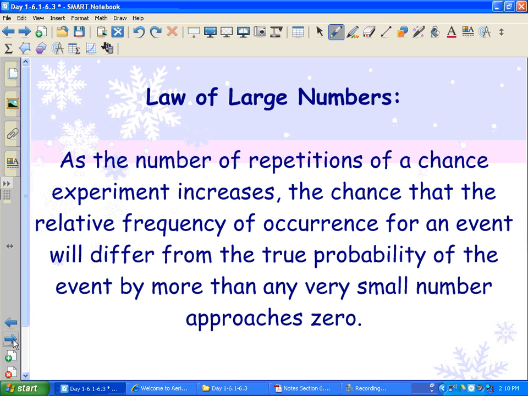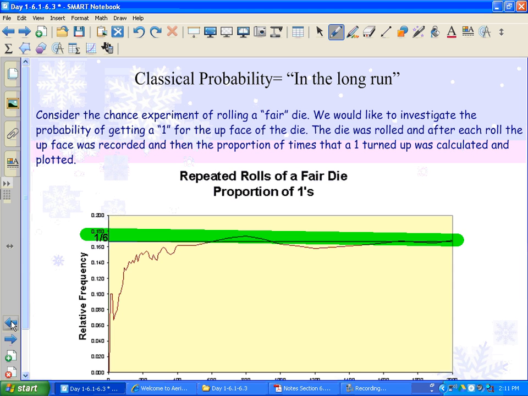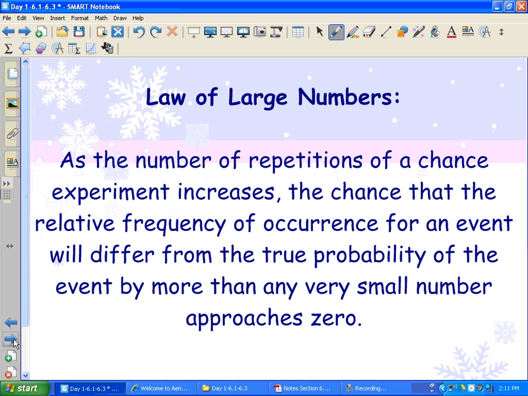Law of large numbers is this. As you increase the number of times you do it, and again, that graphic that I just showed you, rolling a dice 2,000 times, the chance that the relative frequency, that's this red wiggly line, as I increase the number of trials, my law of large numbers says that this will approach the theoretical.